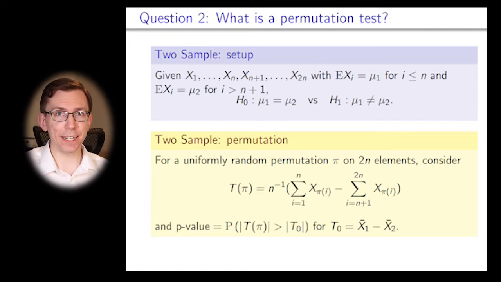I'm computing a p-value conditional on the data. If we have even a moderately large sample size, (2n)!, which is the cardinality of the symmetric group on 2n elements, is really, really large. So we're never going to be able to exhaustively go through every single permutation to compute this p-value exactly.